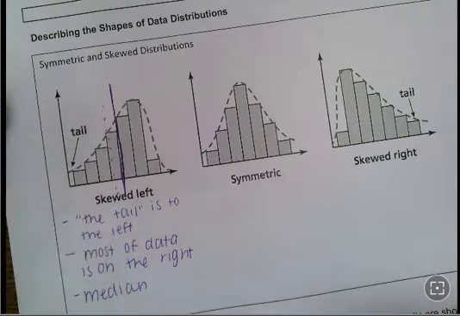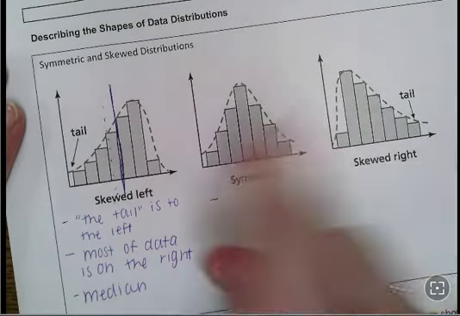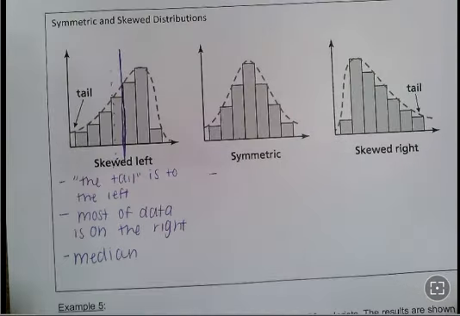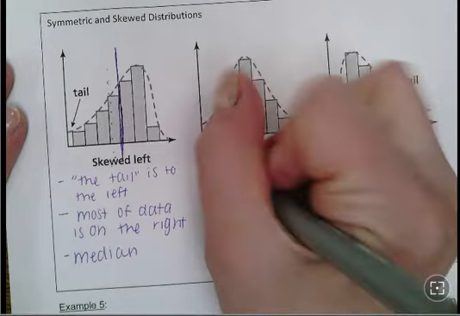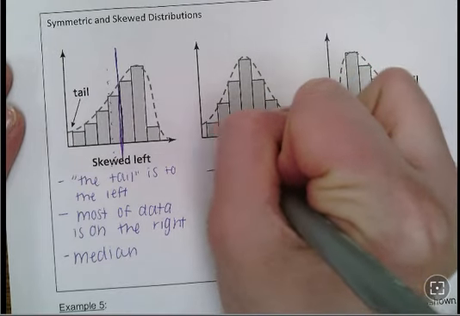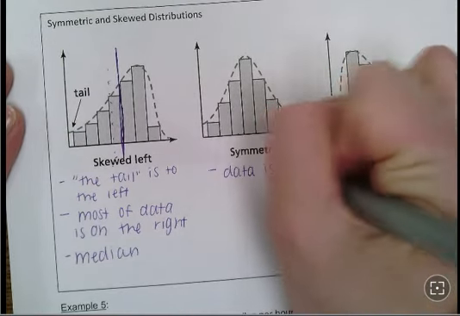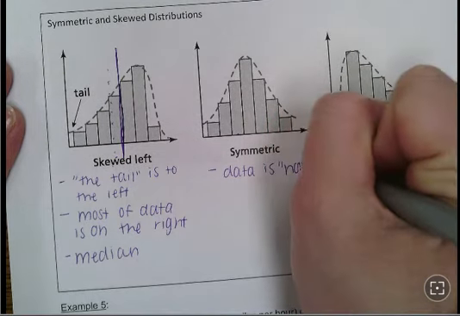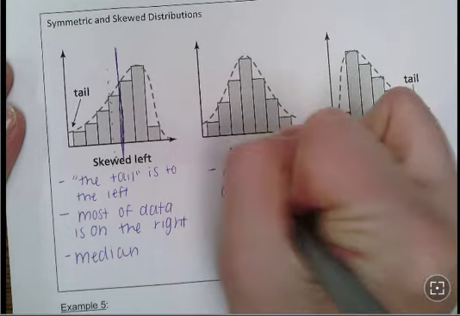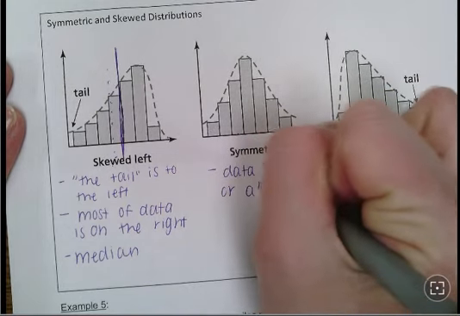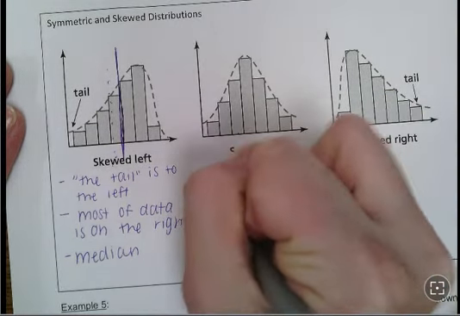If it's symmetric, that means it looks like an actual bell curve. It's not skewed one way or the other. So what I might say here is the data is what we call, in quotation marks, normal. Sometimes, not very often, we might say a mirror image.